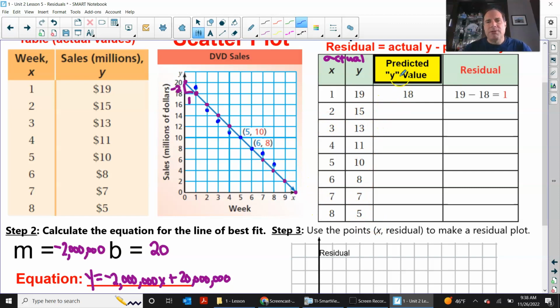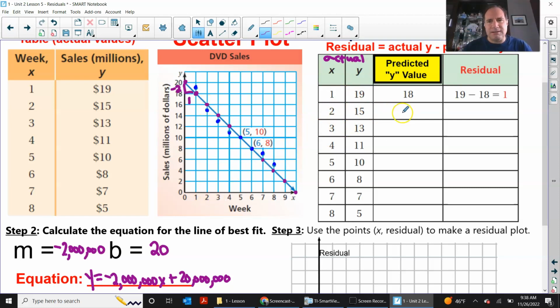So we're going to put predicted y values for this x. So let's go to the first one. 1, 18. Do you see that right there? This point right here is a predicted value. So we put 18 down because the y is predicted and it's on that trend line. So 2, 15 is the actual, but what is the predicted?